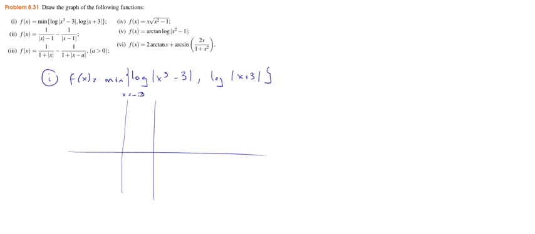x equals minus 3, and so we have the absolute value of this. Let's see, the argument of this is 1 when this is minus 2, yes, sorry.